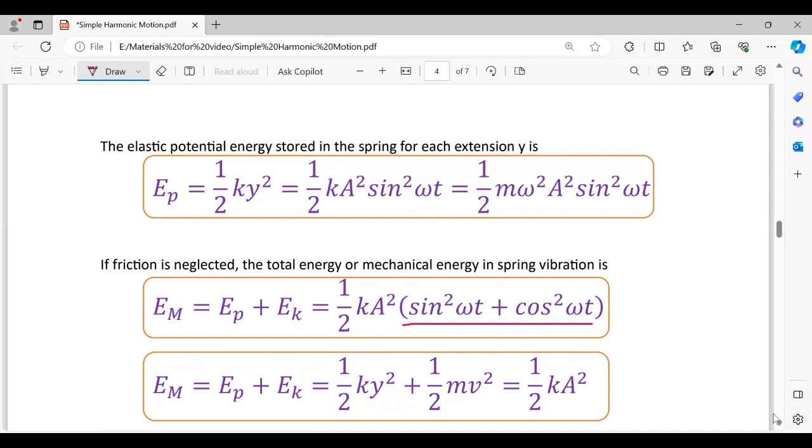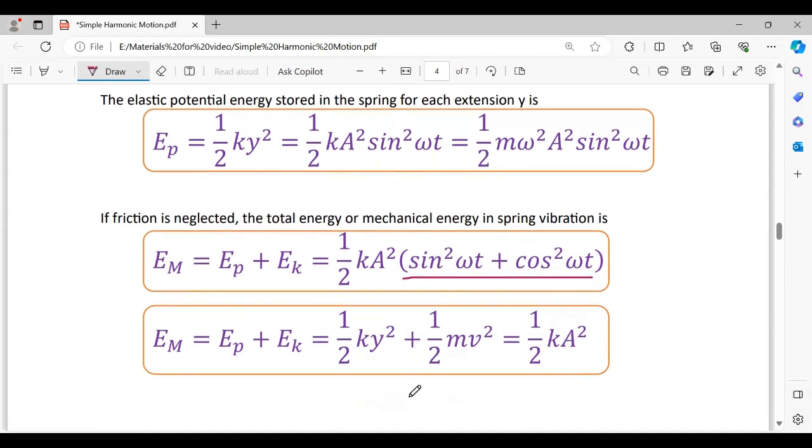So you may use this formula to find mechanical energy. All right, we are going to continue to discuss several questions and answers about this topic.